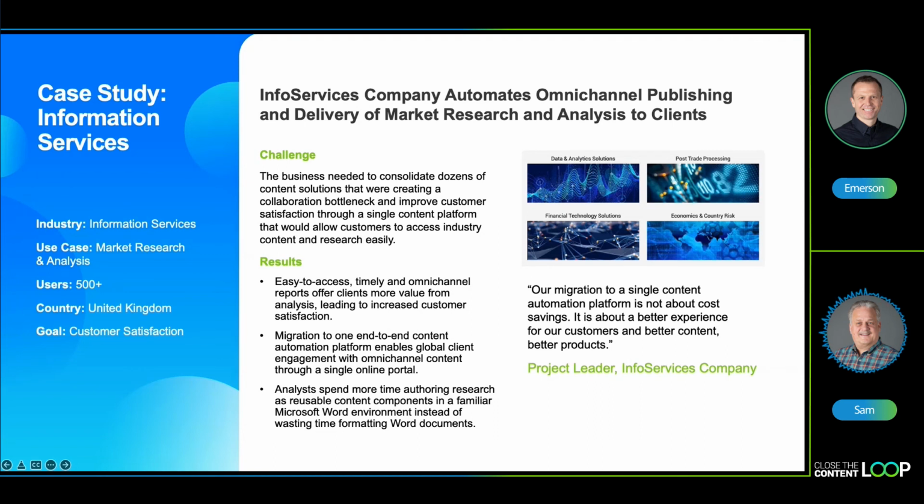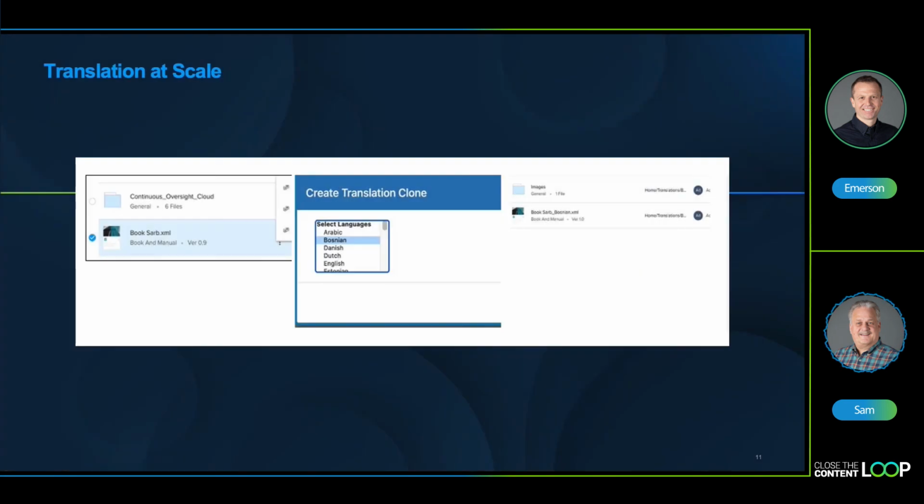The research analysts around the world can now collaborate through the platform to access the verified research that is being reused in additional reports and combined with other research to create new research products. So the clients actually have more research options and the company shares more content.